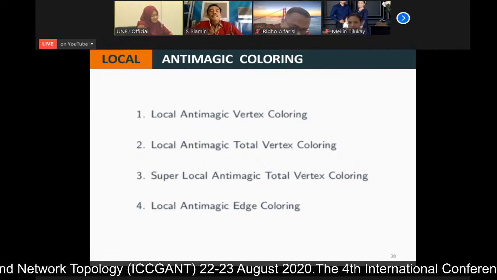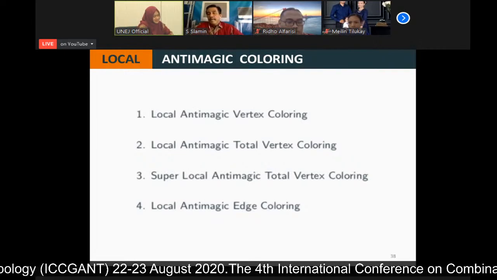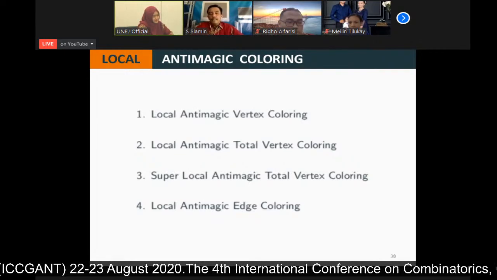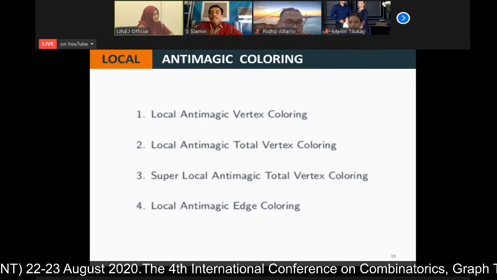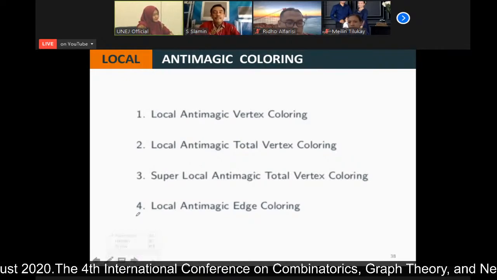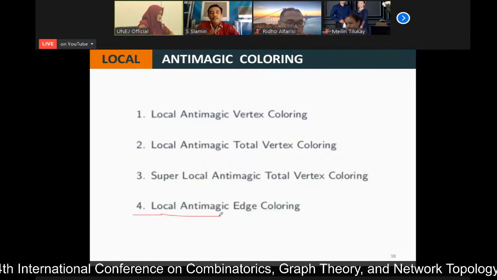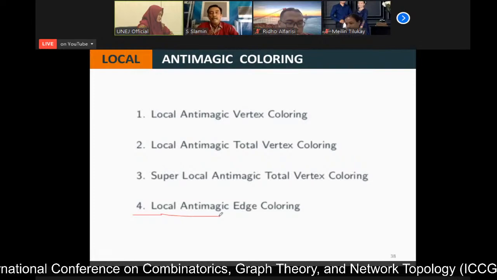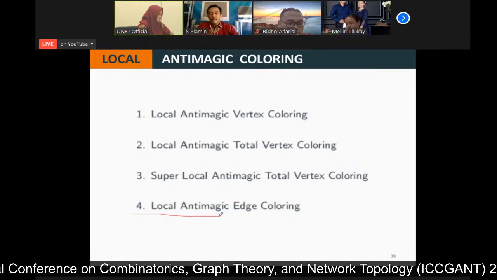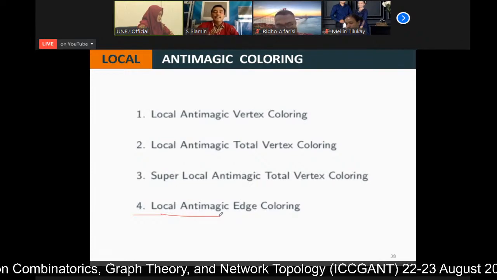The third one, super local anti-magic total vertex coloring. And then the fourth one, or the last one, is local anti-magic edge coloring. But in this one, we still have derivations. We call it local anti-magic total edge coloring, and also super local anti-magic total edge coloring.